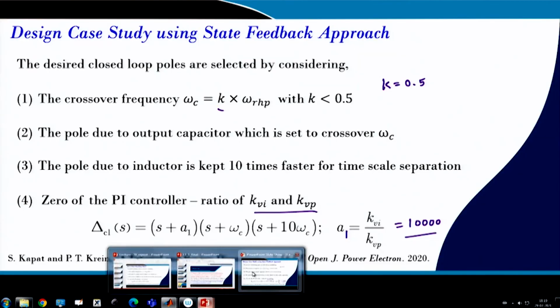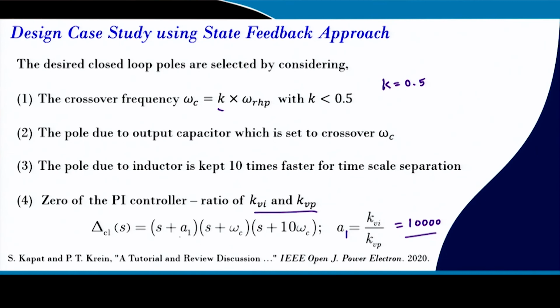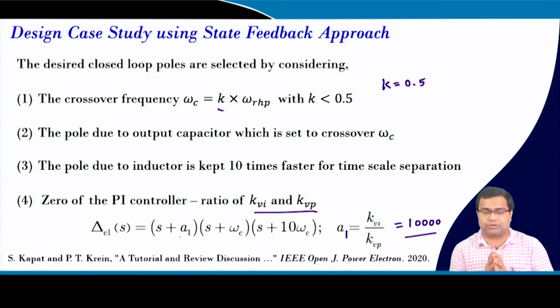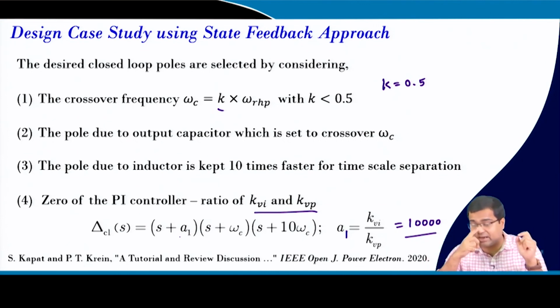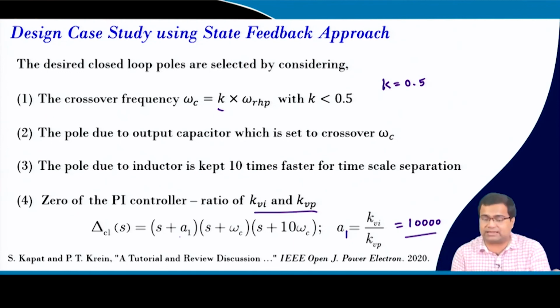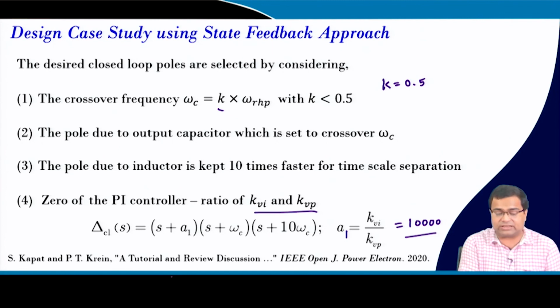So, I think our original discussion, that means using the state feedback design approach, we can leverage more flexibility because we can increase the crossover frequency and we can improve the response without having overshoot. And of course, in this approach we are taking all these 3 poles into consideration.